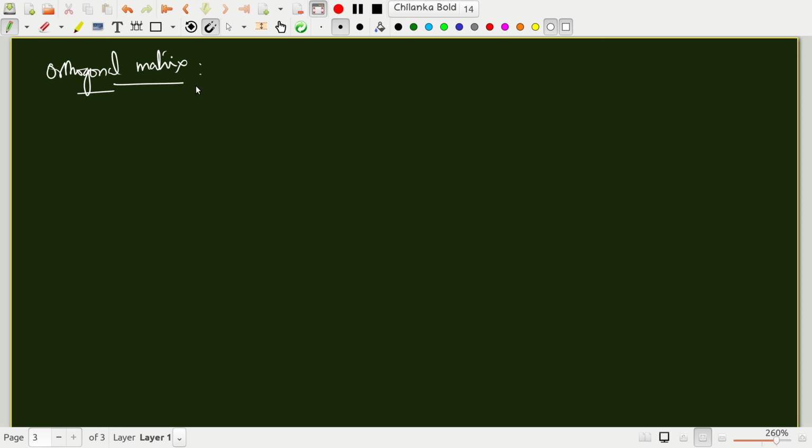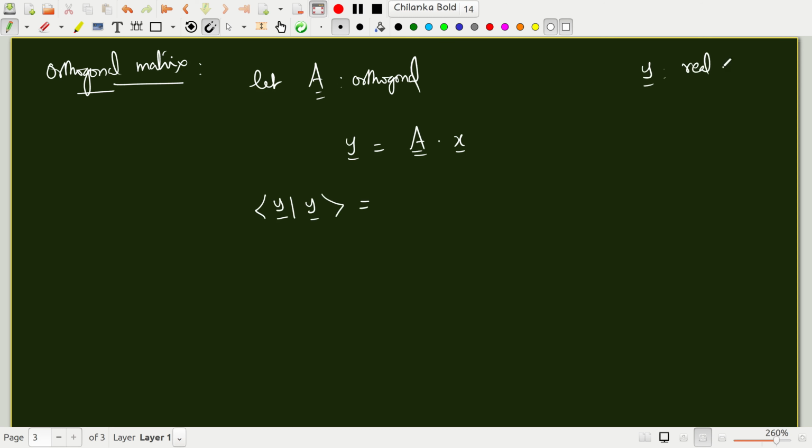Okay, so in a given basis, let A be orthogonal. Let's say I consider a linear transformation y is equal to Ax, where A is an orthogonal matrix. Now I consider the inner product of y with y. Let's assume y to be a real vector, a vector in the real vector space. Okay, so we'll come to complex shortly.